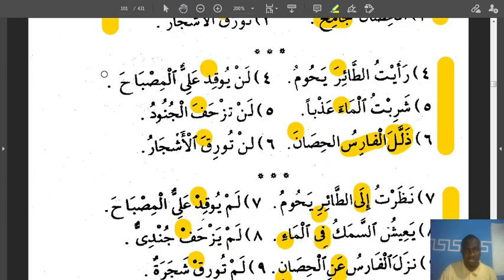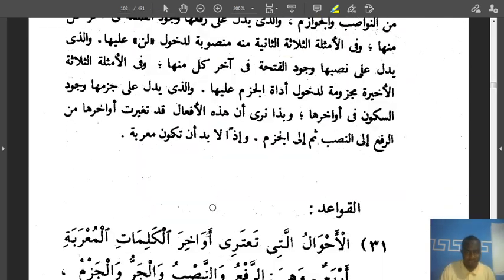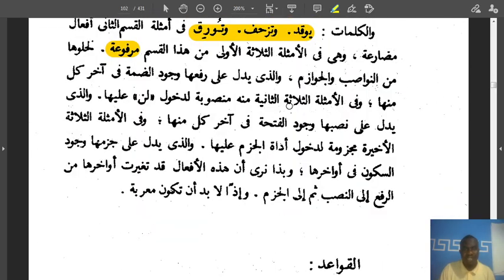In this second partition, you realize that yuqid, tazhaf, turik all came with fatha, fatha, fatha, and so we say they are mansub.